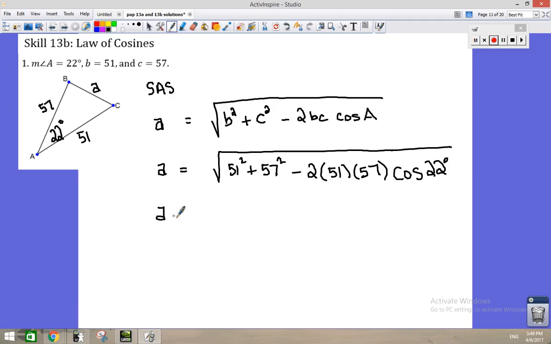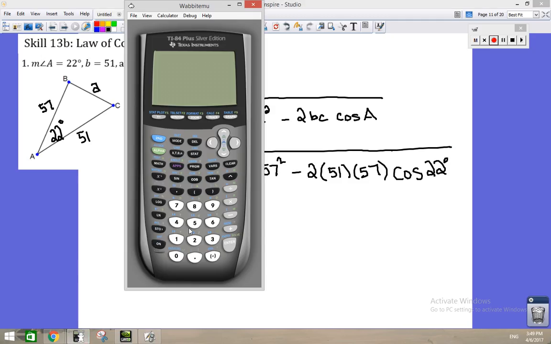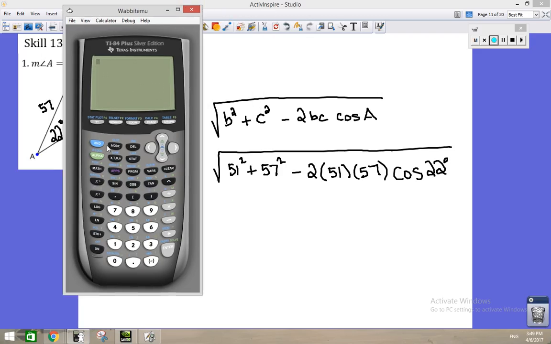So when I go to my calculator, let's double check that I am in degrees. Okay, I am, and I'm rounding in this case to 3 decimals. Well, I may change that to 2. All right, so I'll take the square root of 51 squared plus 57 squared minus 2 times 51 times 57 times the cosine.